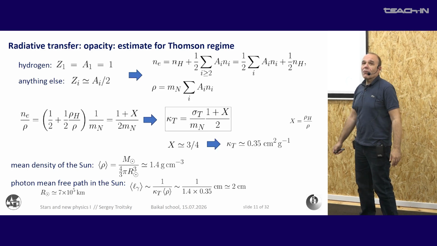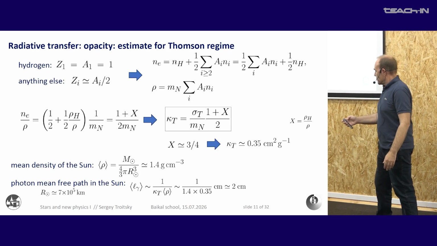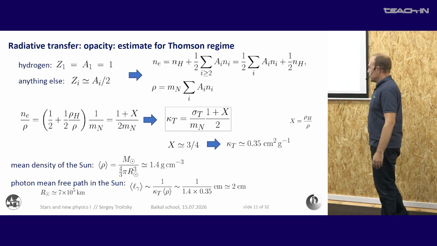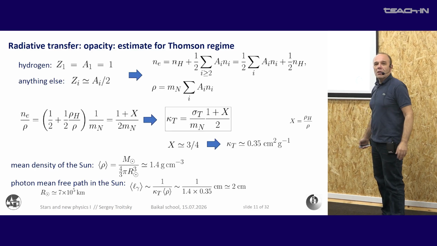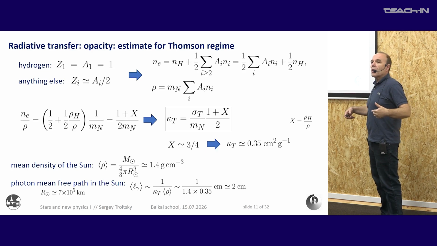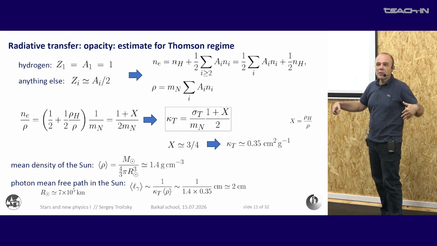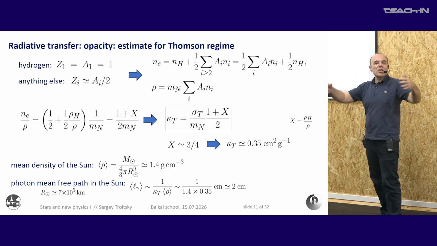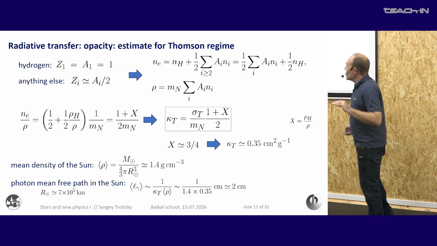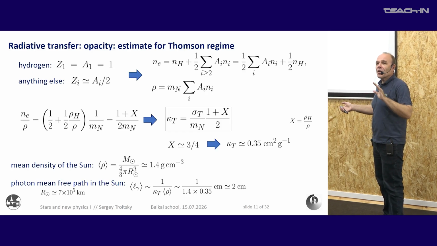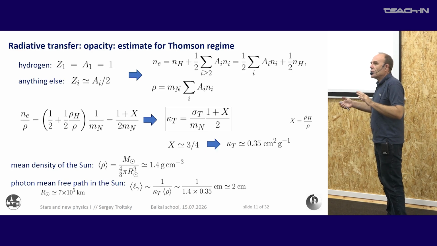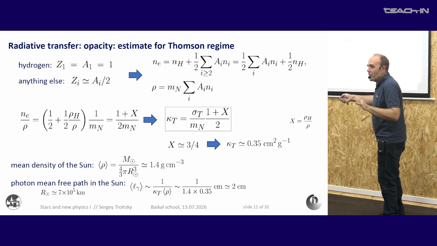Then I make a very simple, my daughter is studying chemistry, and since she's not with me here, and I'm not sure how many chemistry students or just chemists are in the audience, I will make a very rough and unforgivable approximation.